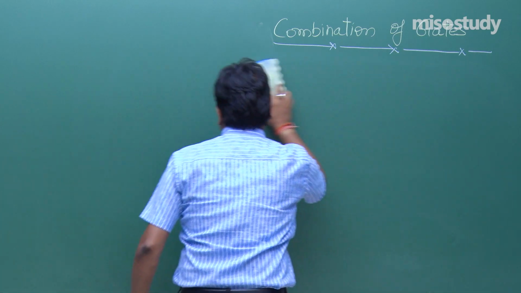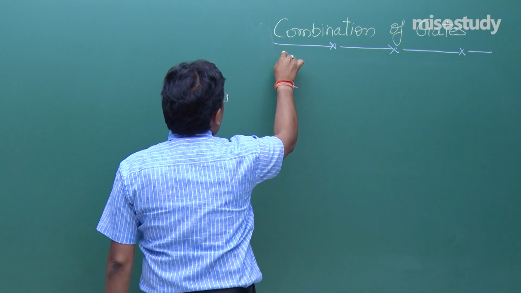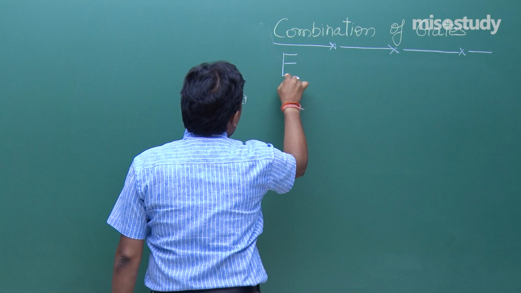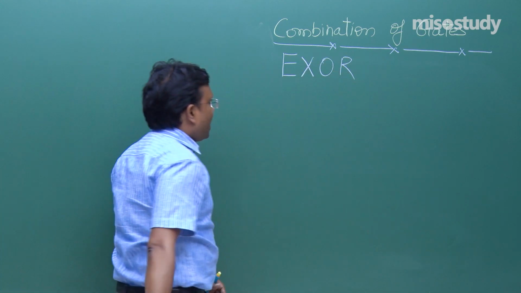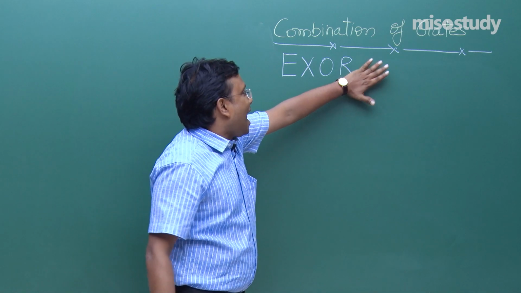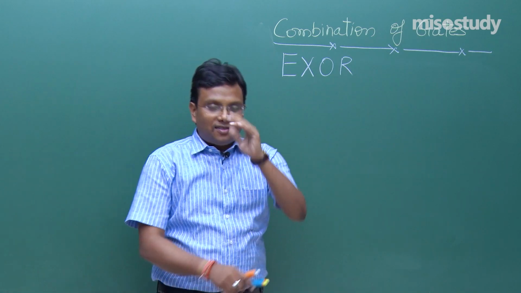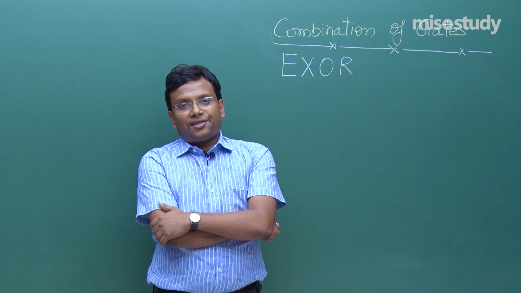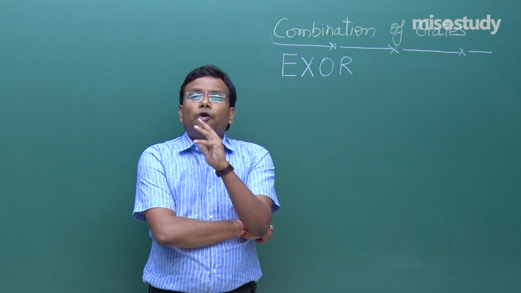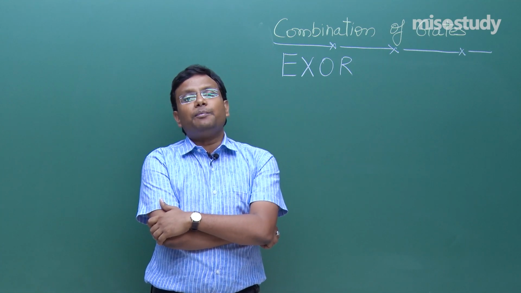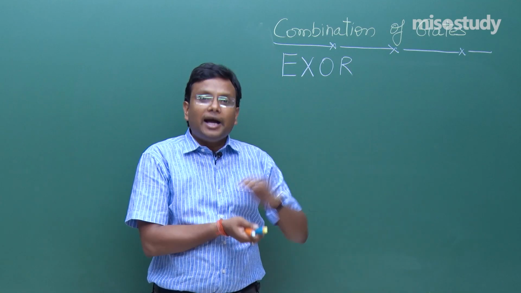Then comes exclusive OR, XOR gate. XOR means what? Actually, what is the difference between XOR and OR? OR means even if one input is high, the output is high, and if both inputs are high, that is also going to be high.